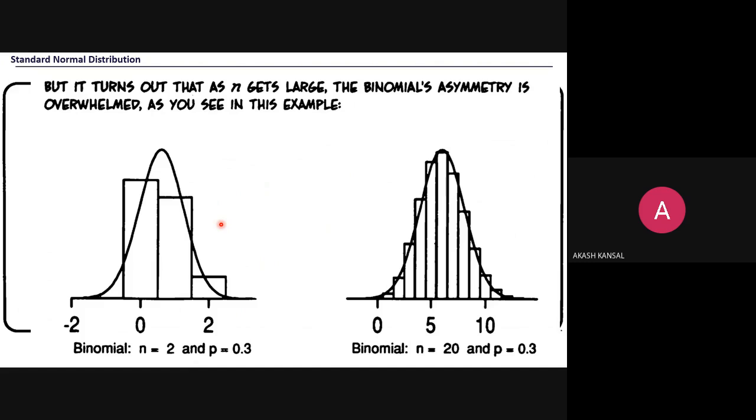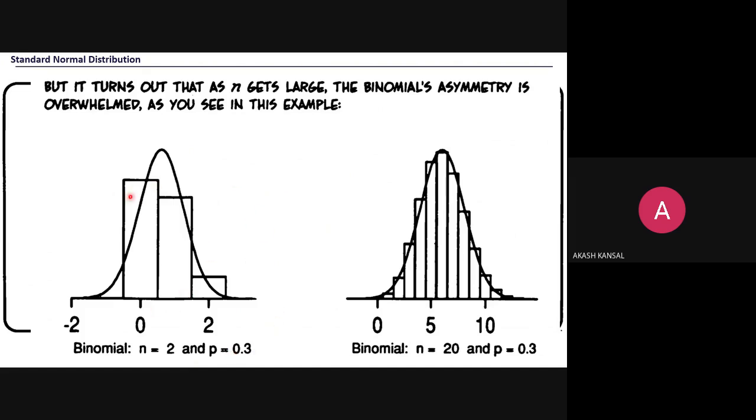Now, as n gets large, the binomial distribution's asymmetry is overwhelmed. When you say overwhelmed, what you mean is you can see the similarity once you start increasing n, with p the same.